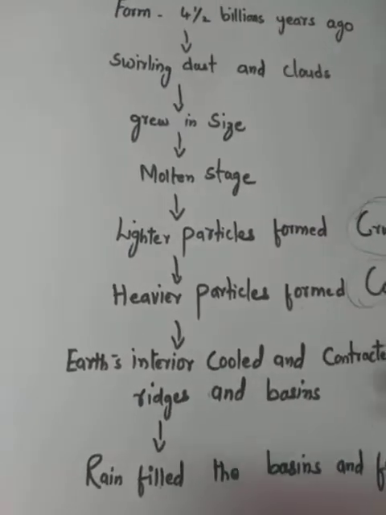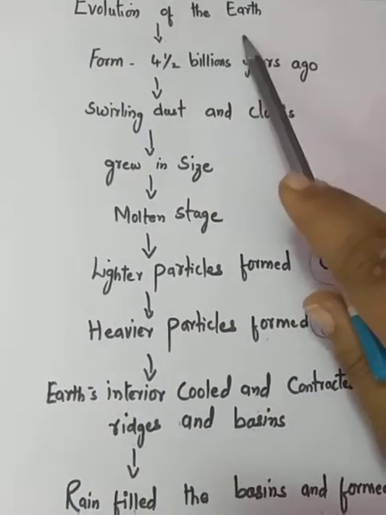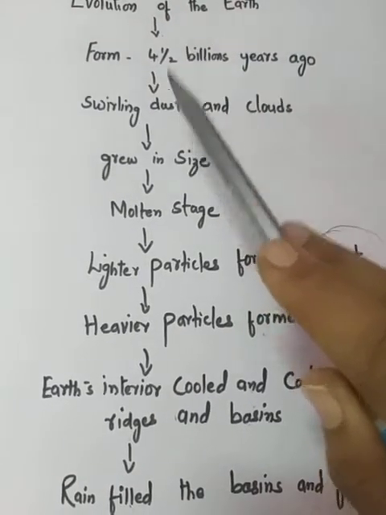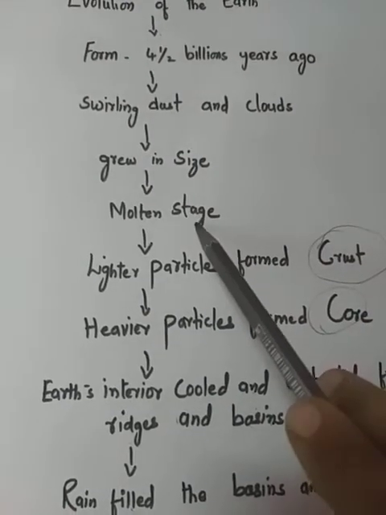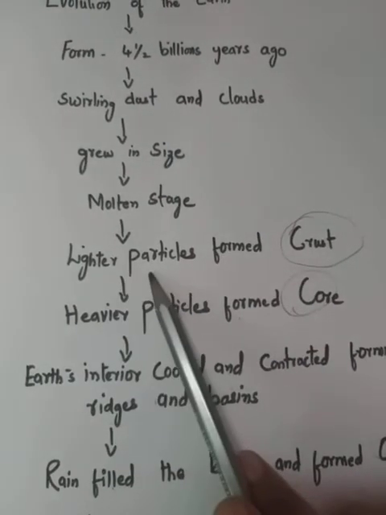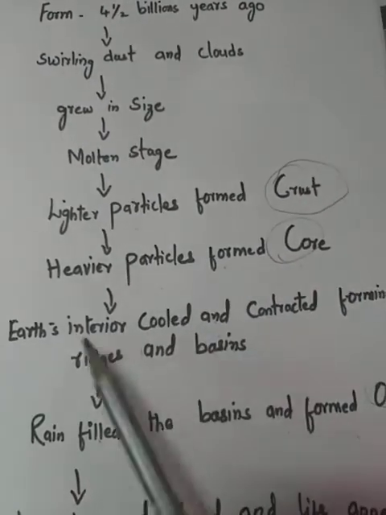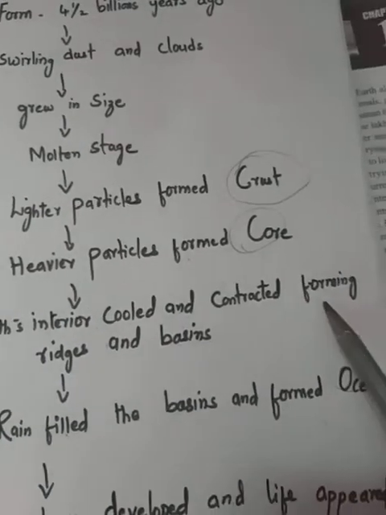This is a simple flow chart of the evolution of the Earth. How the Earth was formed, when it was formed, how it grew in size, the molten stage. After that, lighter particles of the Earth formed the crust, heavier particles formed the core, and the interior of the Earth cooled and contracted, forming what?